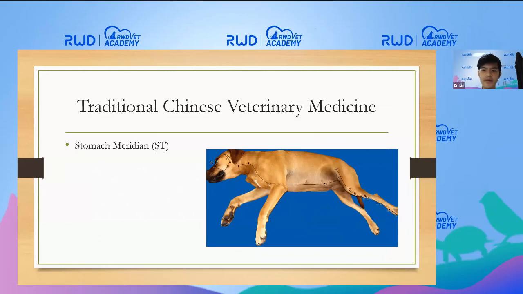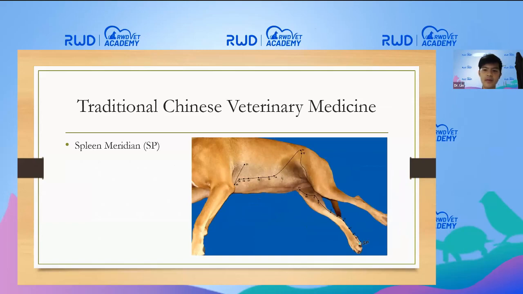The stomach meridian regulates the extraction of nutrients from food, nutrient distribution to the intestines and spleen, and the overall digestion of food. The spleen meridian regulates transportation and absorption of nutrients, usually translated as food essence and water.